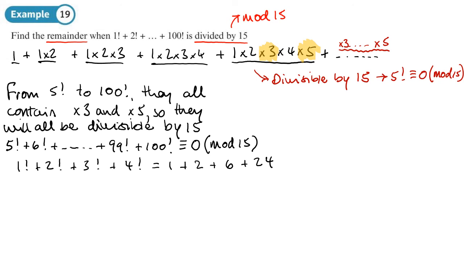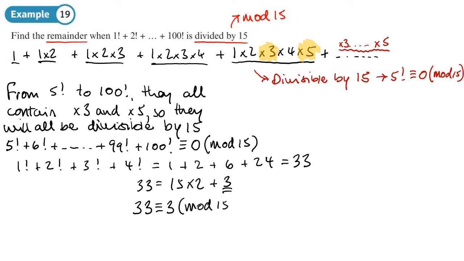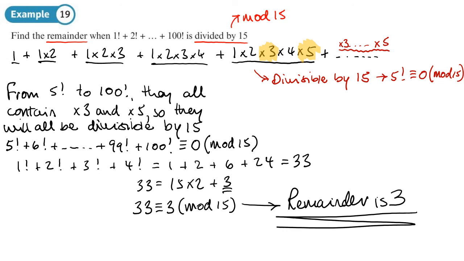If we work that out, that will give us 33. Right, now we need to work out what the remainder is. So 33 is equal to 15 times 2 plus 3, so there's a remainder of 3. So 33 is congruent to 3 under mod 15, which means that the remainder is 3. So that'll be our final answer.